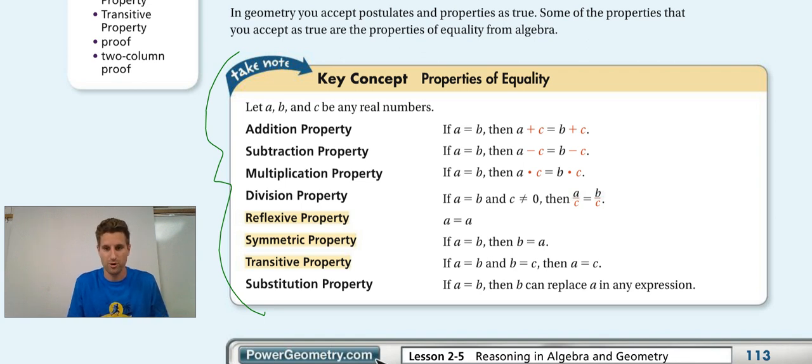And transitive property is very similar to our law of syllogism: A equals B, B equals C, thus A should equal C. So it's taking two things that are not related and using B as that middle person. And then substitution property we see a lot, and that's like when you plug in 5 for x, that would be a substitution property.